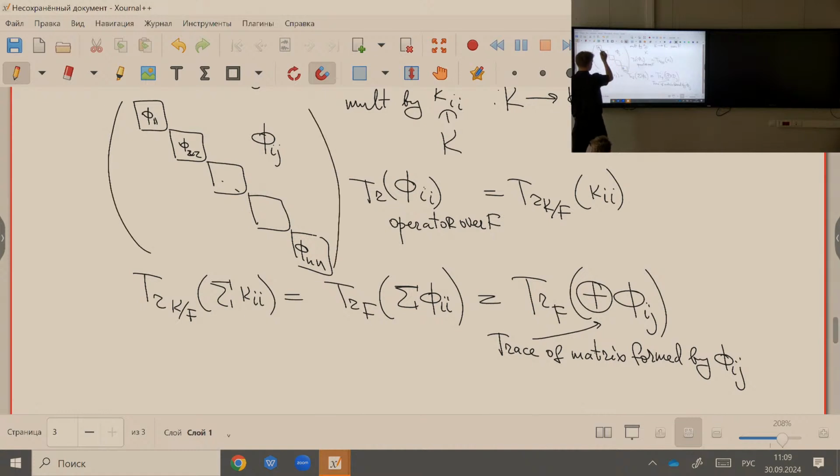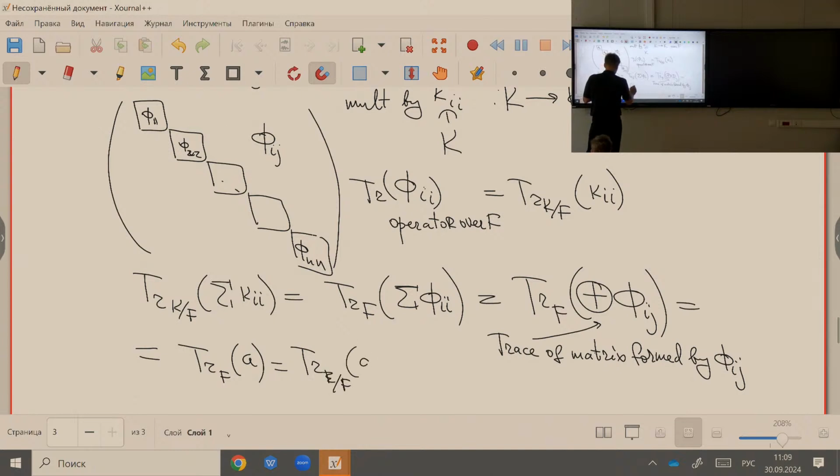Just because taking the trace of blockwise matrices means taking the trace of each element on the diagonal, it is just the trace of A over F, and this is just the trace of E over F of A. So that proves the formula.